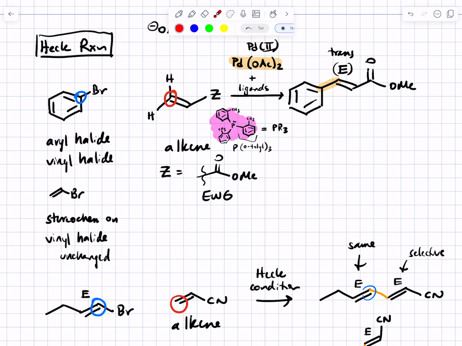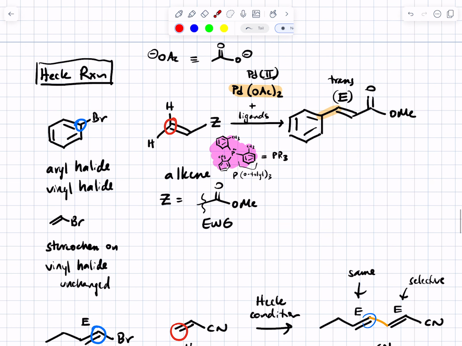The way you can tell a Heck reaction from a Suzuki reaction is that the starting material, or rather the palladium source that you put into the reaction, is palladium 2 instead of palladium 0. Why did they choose that? I don't know. You're going to be frustrated even more because it turns out that the palladium-2 that you start with is not the active catalyst.